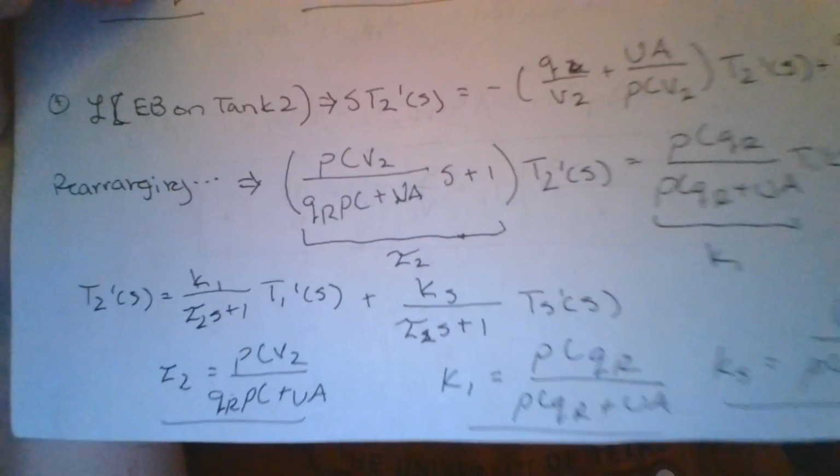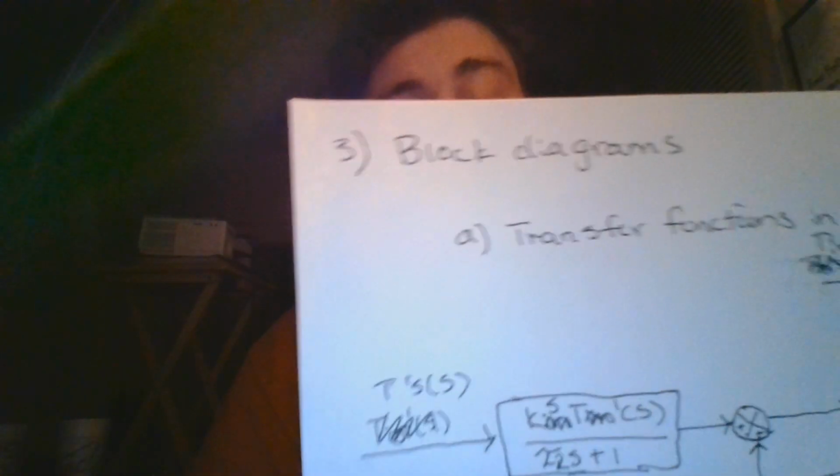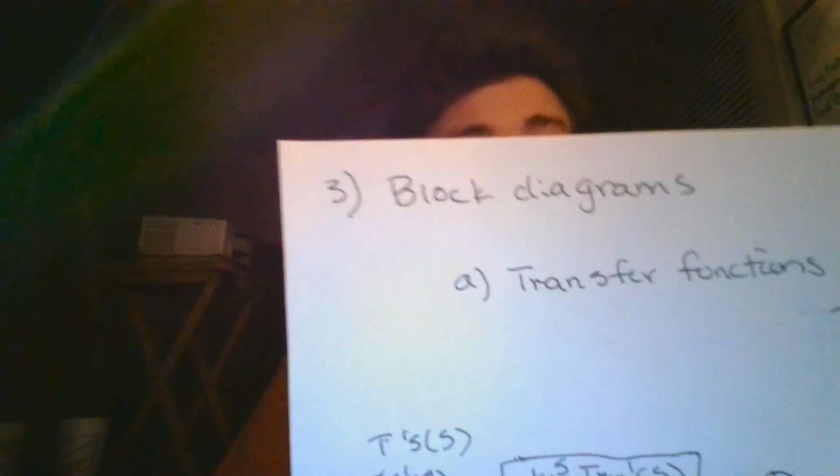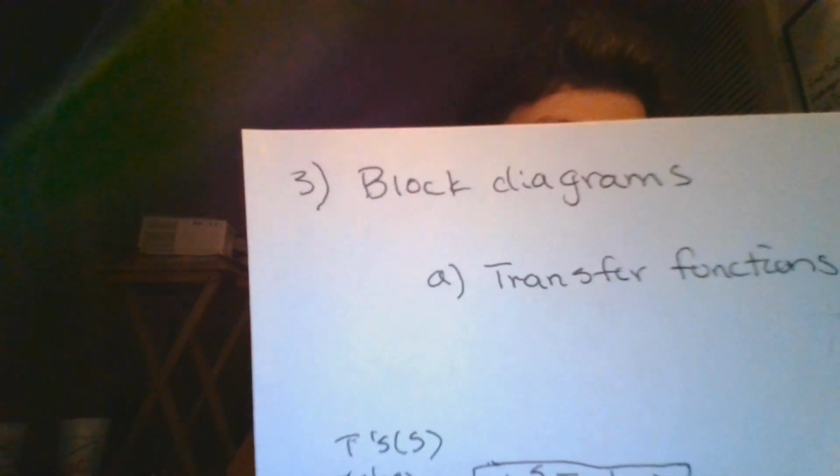This was done right here, and with this we were then able to model the entire process inside of a block diagram. This block diagram has the set point temperature controlling the outlet temperature with a disturbance variable from the inlet temperature.